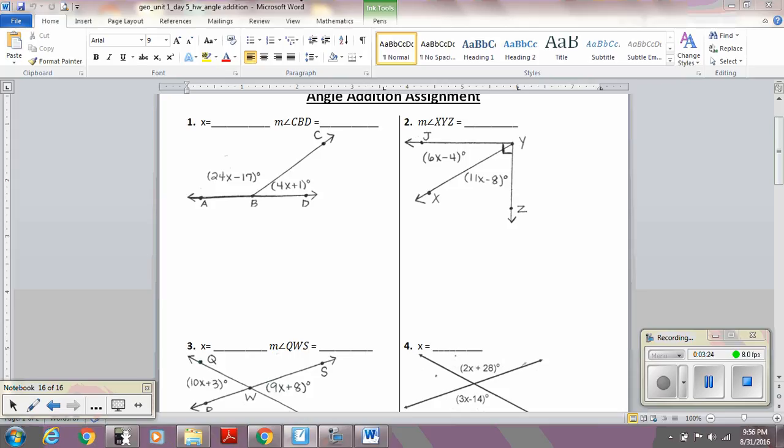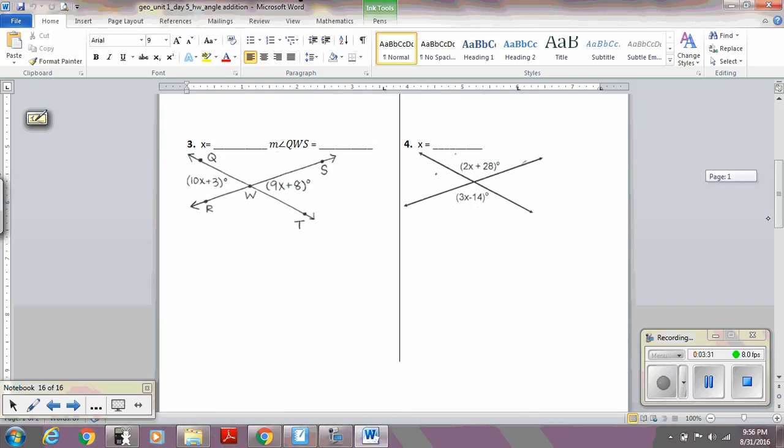All right, on to number 3. On number 3, you should notice that the two angles illustrated, QWR and SWT, are bow tie or vertical angles because they share a vertex and are formed by two straight lines. So in this one, the format will be angle equals angle.